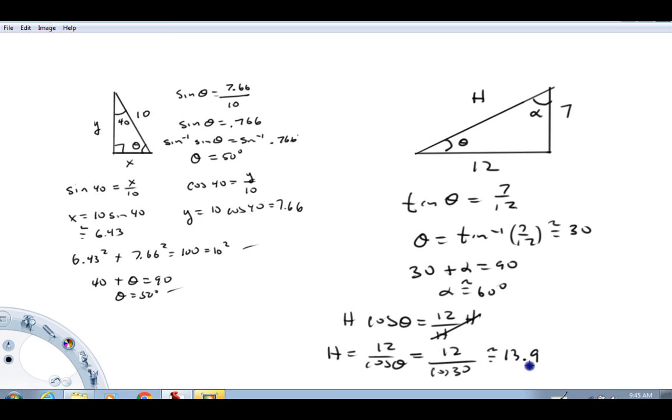We can use a quick check here. 12 squared plus 7 squared is equal to 193. I'm going to check that against 13.9 squared, keeping in mind I rounded a little bit.